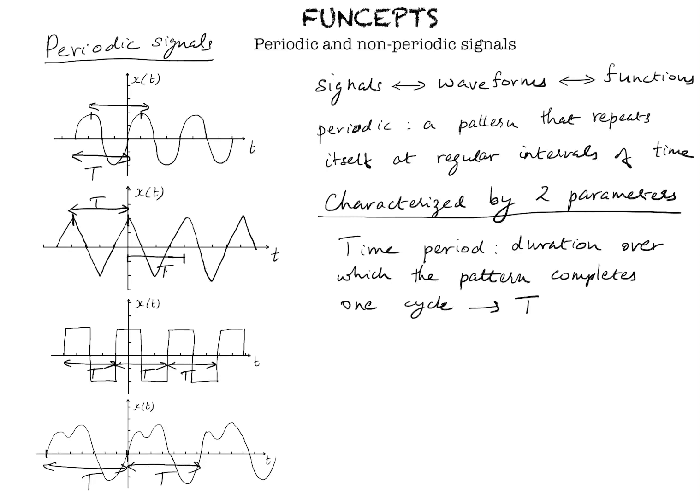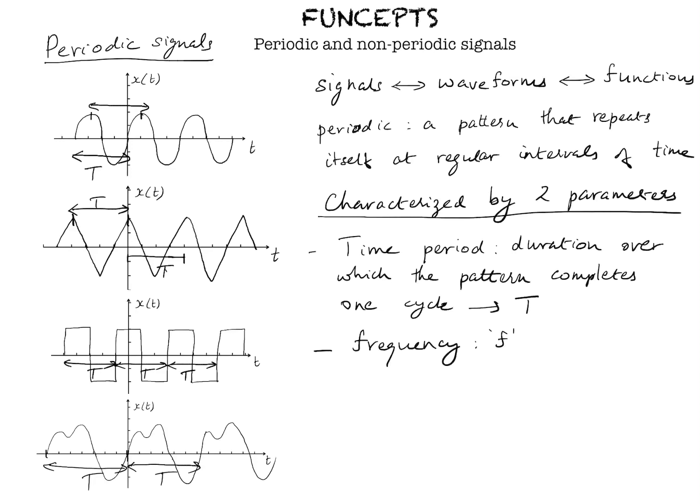A related parameter which characterizes a periodic waveform or signal is the frequency of the signal, usually denoted by the letter small f.